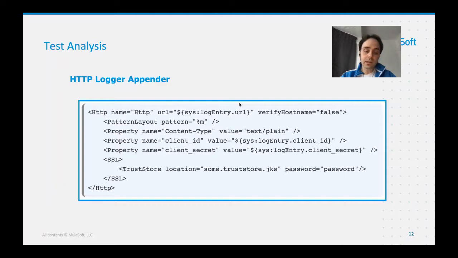The fact that the customer was using this appender was just messing with the application, because when using this appender, the logging system has to open a new HTTP connection for each batch of log entries.